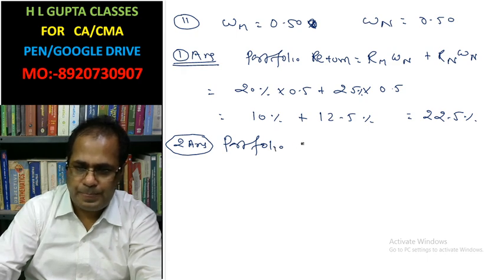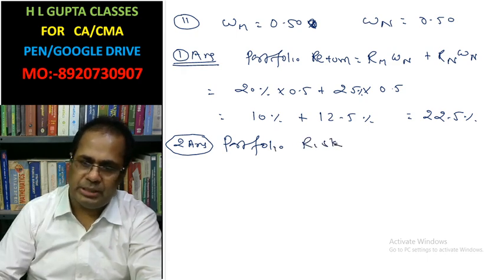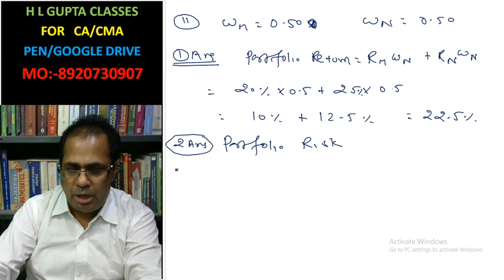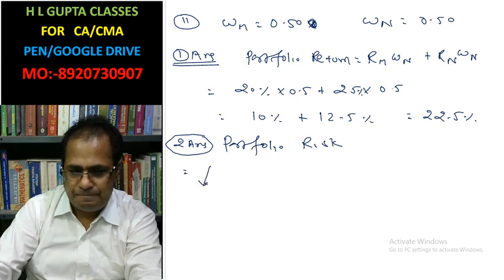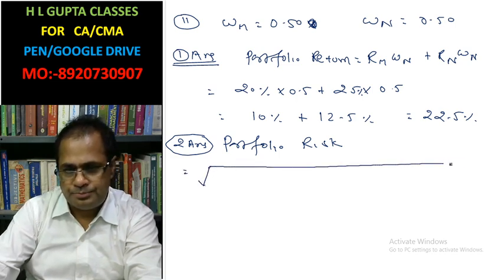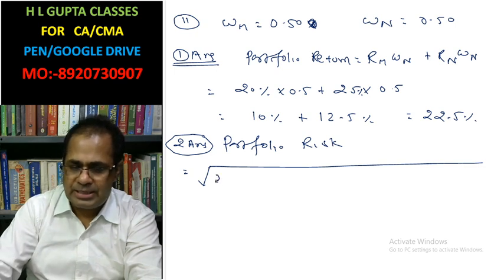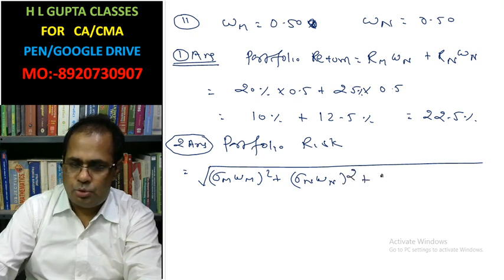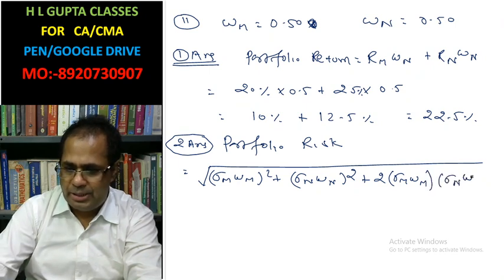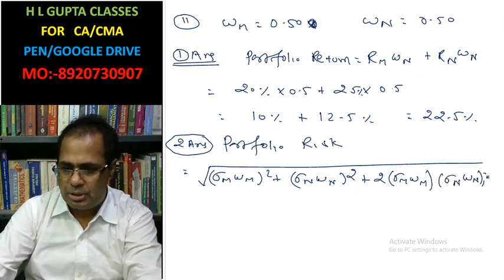The formula: standard deviation M weight M whole square, standard deviation N weight N whole square, plus 2 times standard deviation M weight M, standard deviation N weight N, coefficient of correlation MN.